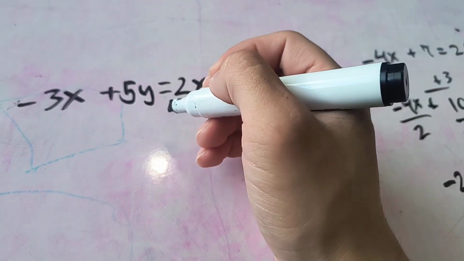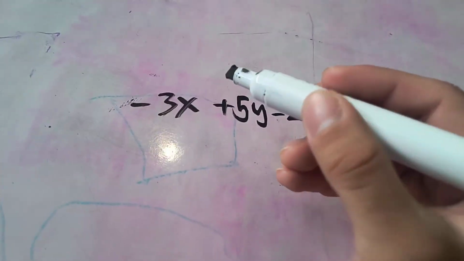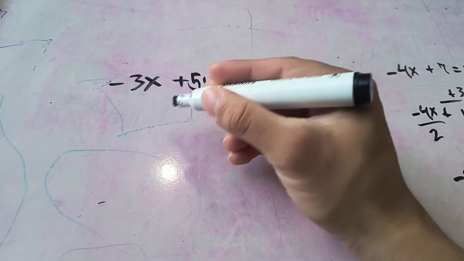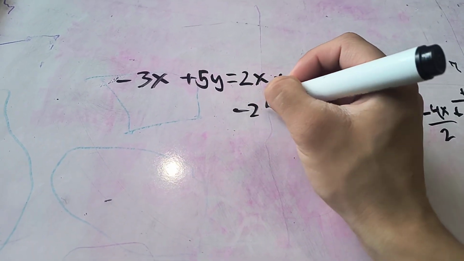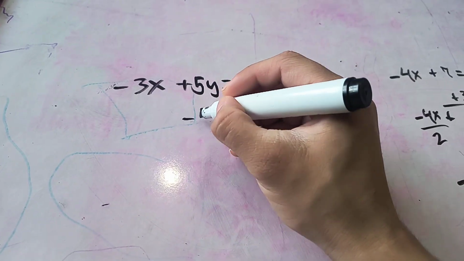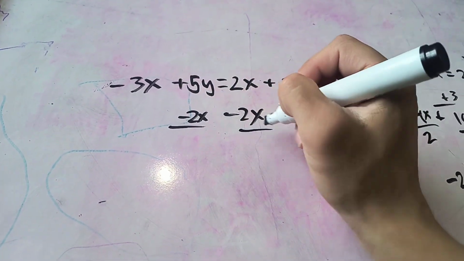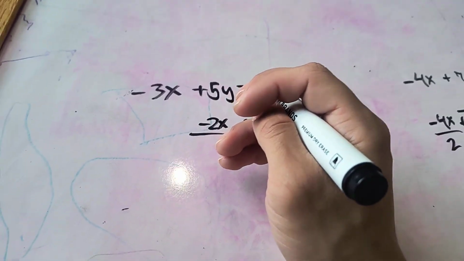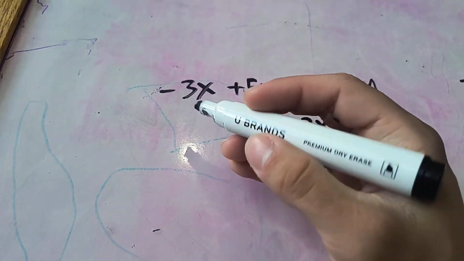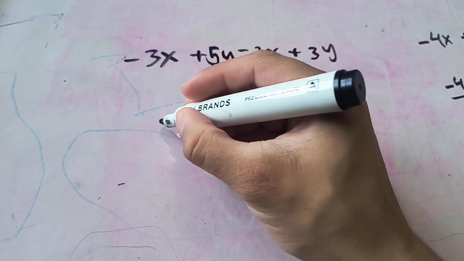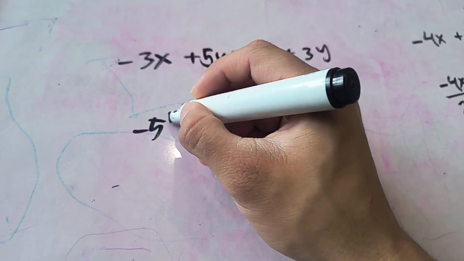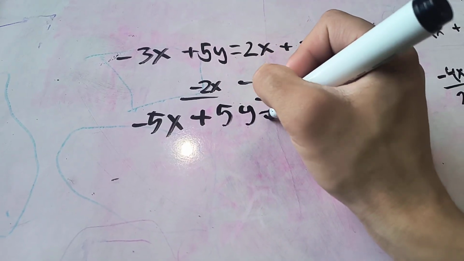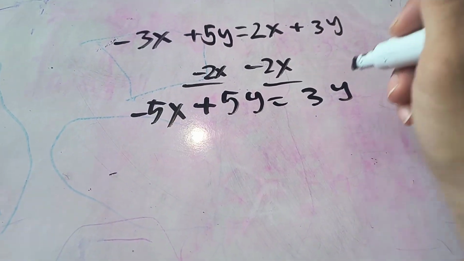Okay, let us isolate. Let's get all the x's on this side. So we're going to subtract 2x from both sides. 2x minus 2x. If we subtract 2x from this, we're going to get negative 5x plus 5y is equal to 3y.